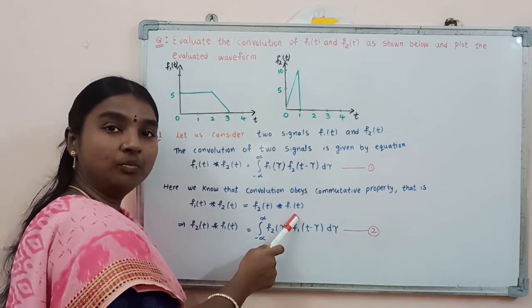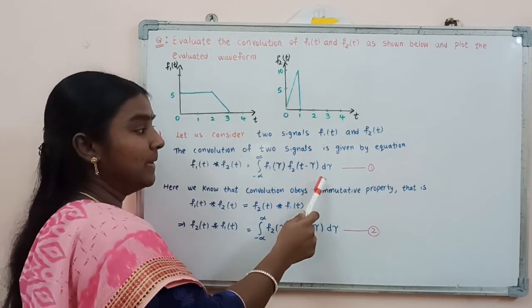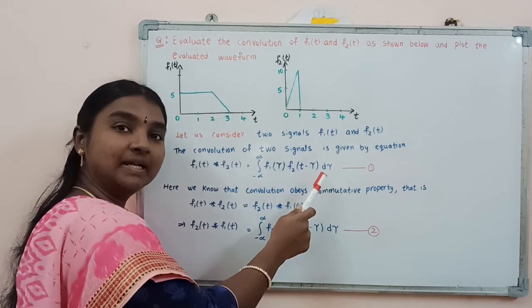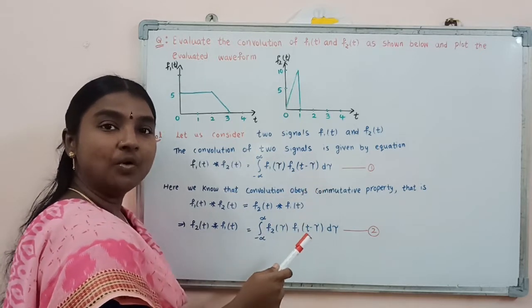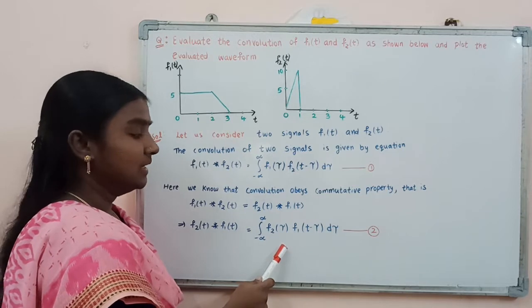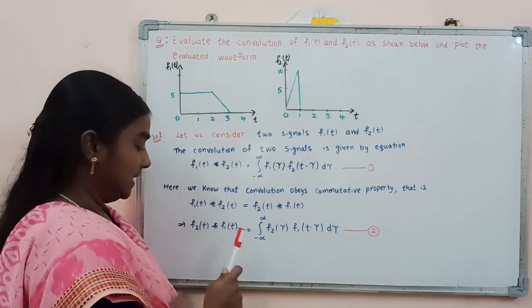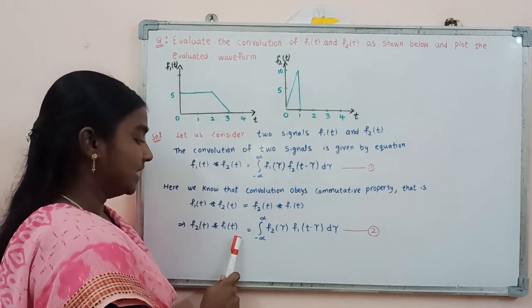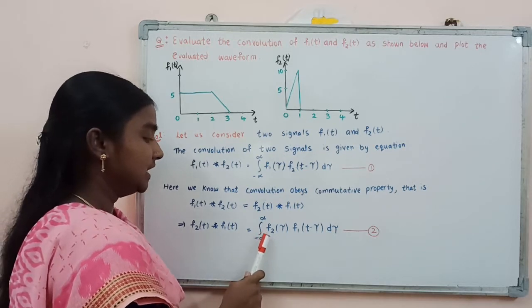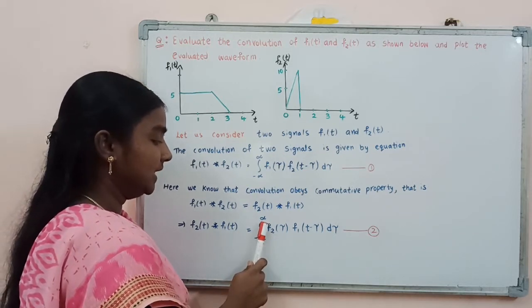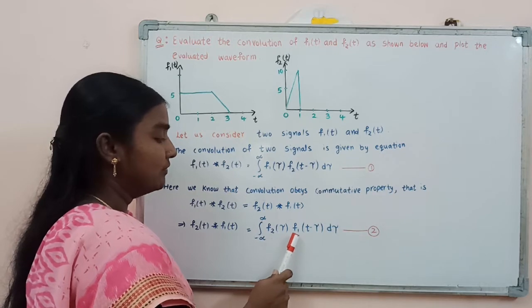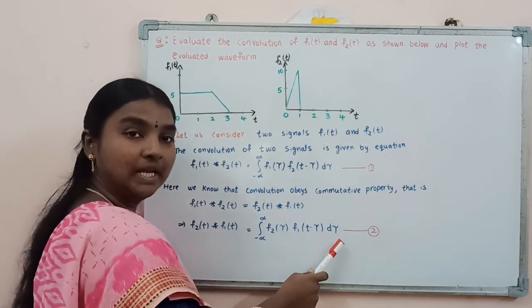Whatever output signal we find by using equation 1, we are going to obtain the same result with this principle also: f2 of t convolution f1 of t is equal to the integration from minus infinity to plus infinity of f2 of tau f1 of t minus tau d tau.